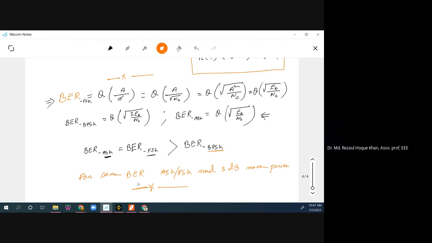Previously our conclusion was that BPSK is better than ASK. Now we find that the bit error rate of ASK and FSK is similar. That's why the performance of BPSK is better than FSK. That's actually our conclusion, so we will stop here.